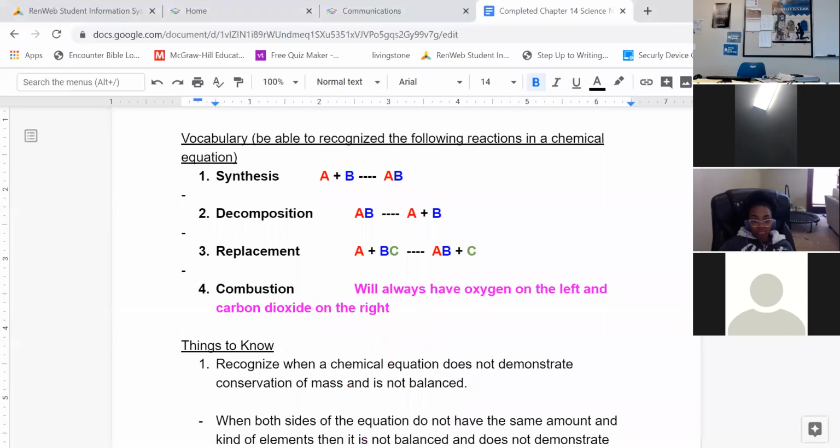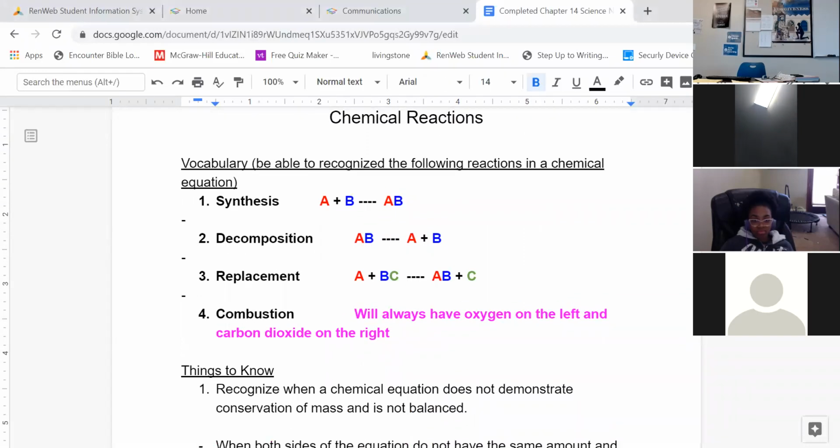Let's see. The first part of your question is vocabulary, where you need to recognize the reactions. Now, on the test, you're not going to have all these A's and B's and C's. What you will have is elements that look like they're combined and written in a form that is a molecule.